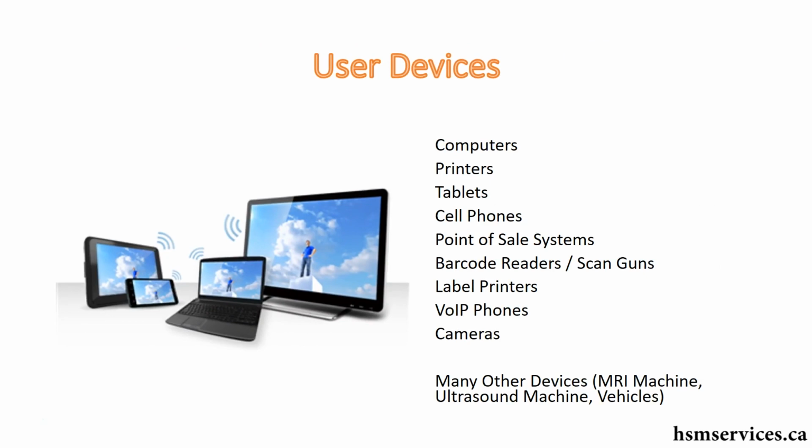So a user device could be anything: a computer, a printer, a tablet, a cell phone, a label maker, a voice over IP phone. With the Internet of Things, there are many other devices like ultrasound machines and vehicles that could be on the Wi-Fi.